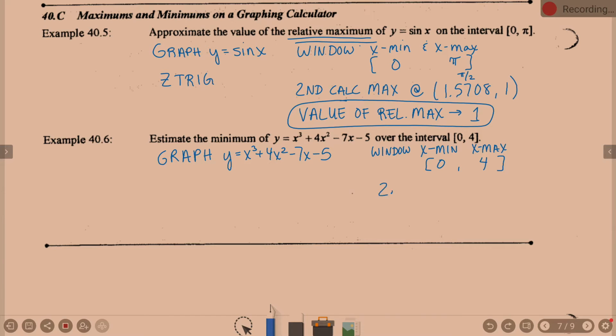And then, of course, I'm going to use second calc minimum. I don't know, do I even need to do this? Is it going okay for you guys?